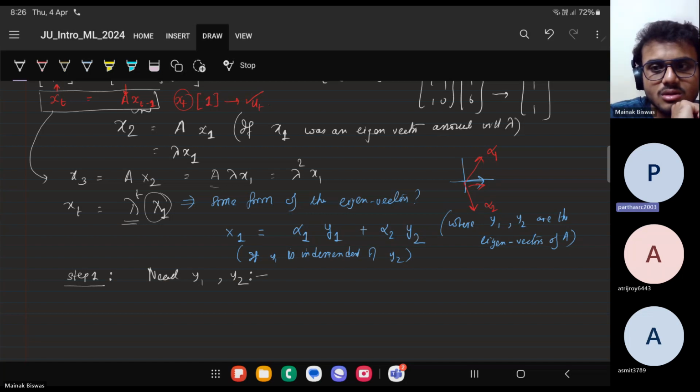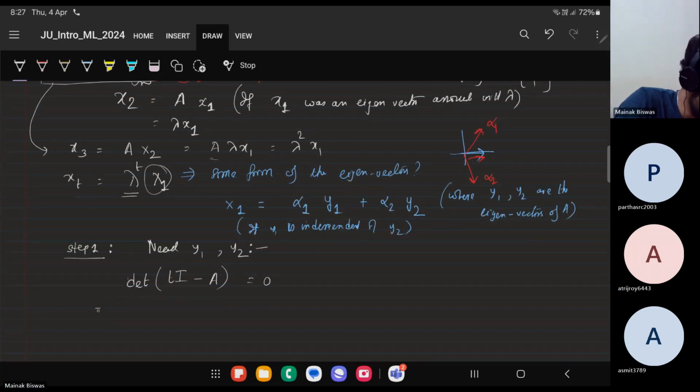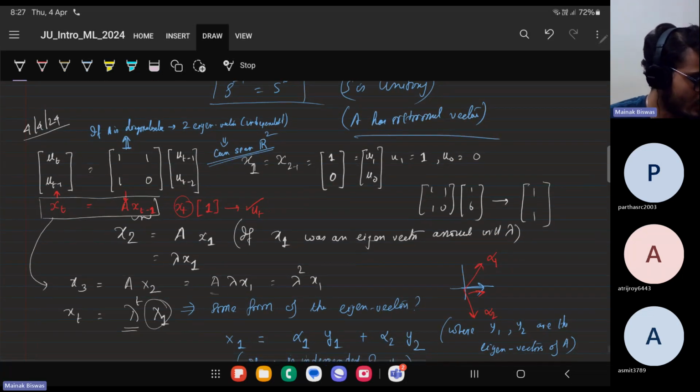For finding y1 and y2, what do we need first? The eigenvalues. So how do I find the eigenvalues of A? A minus lambda I is equal to 0. So this is the determinant of the matrix with t minus 1, 1, 1, and t, right? The matrix is 1 1 1 0.